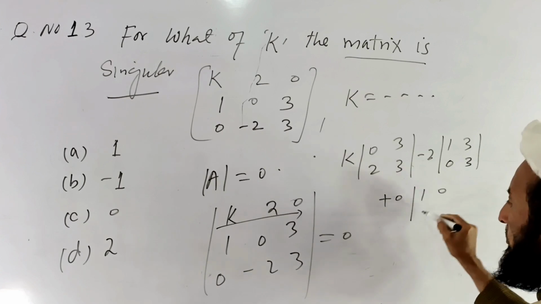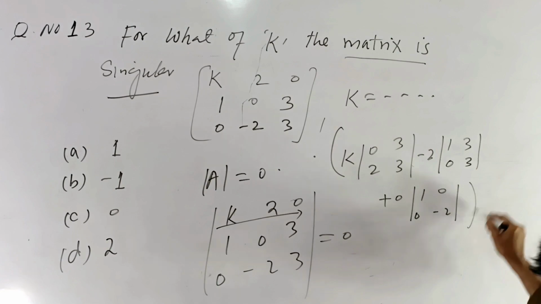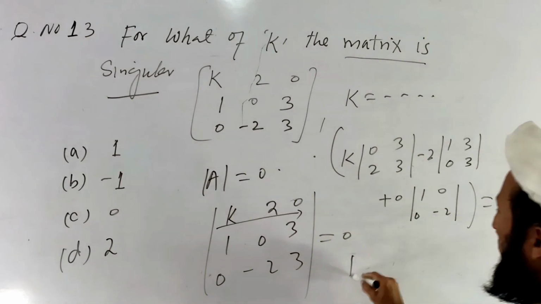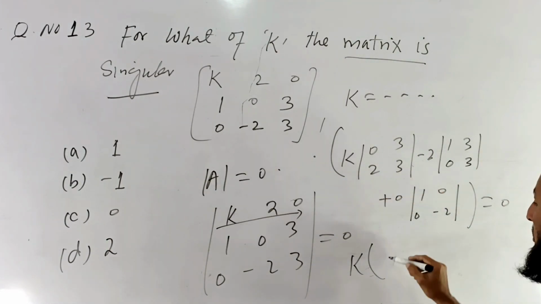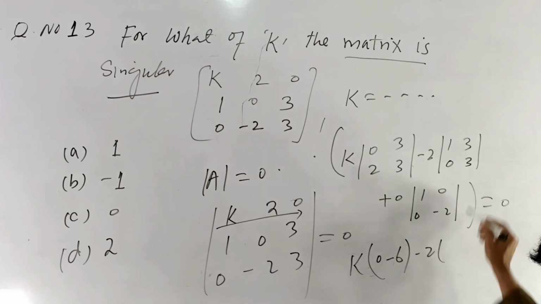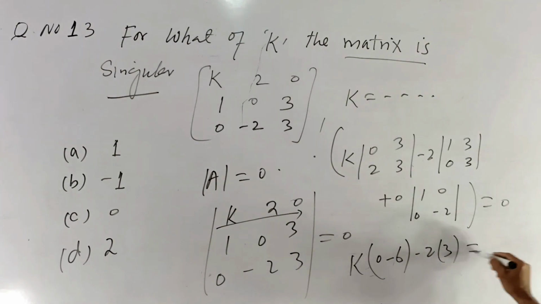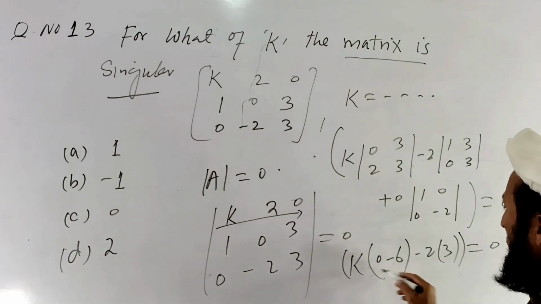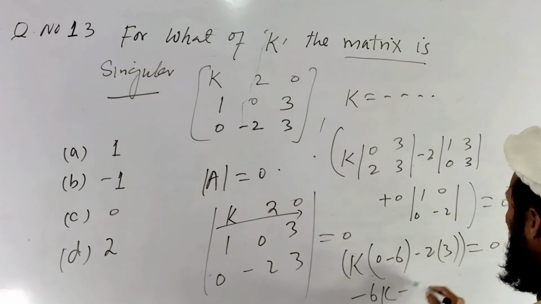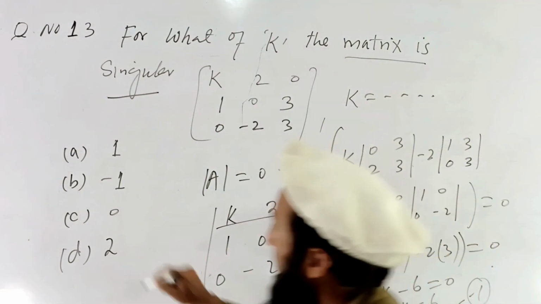So K times (0 minus 6) minus 2 times (3 minus 0) plus 0, which is equal to 0. So minus 6K minus 6 is equal to 0, minus 6K is equal to 6, K is equal to 6 divided by minus 6 is equal to minus 1. So the correct answer is minus 1.